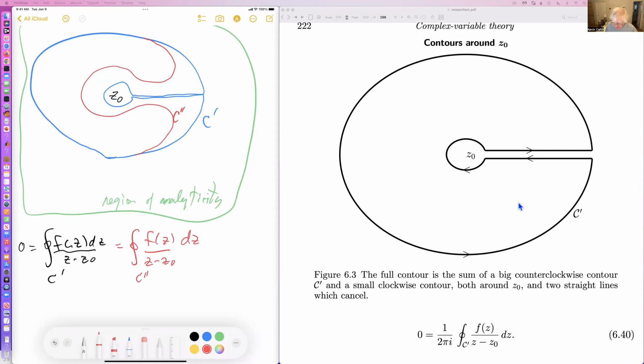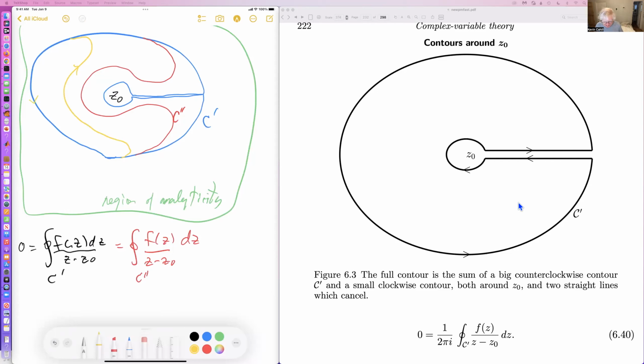And so if we design a contour, let me now go to, say, a yellow contour. Here's a yellow contour that just does that.